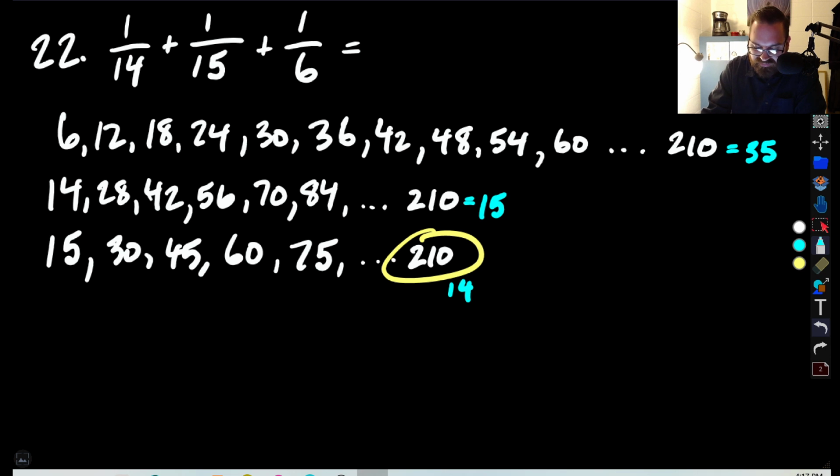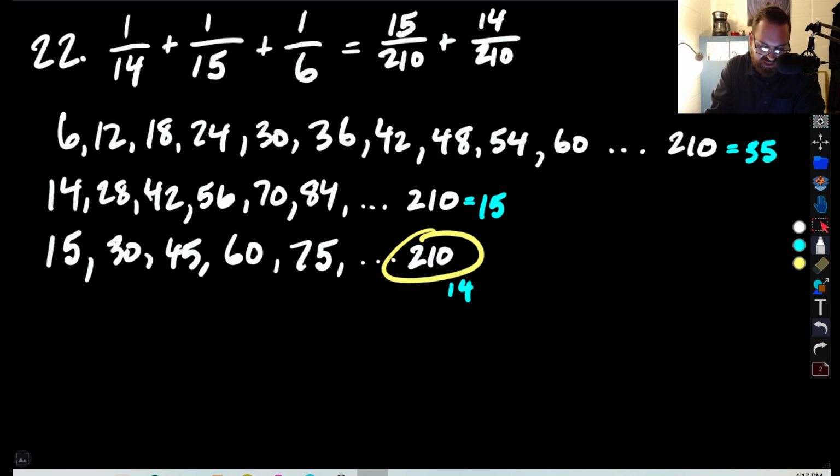All right. So that being said, since 1 is the top here, let's go ahead and multiply. So I've got 1/14. So the 14s is going to be the 15 over 210. Then I've got the 14 over 210. Forgot the 1 there.